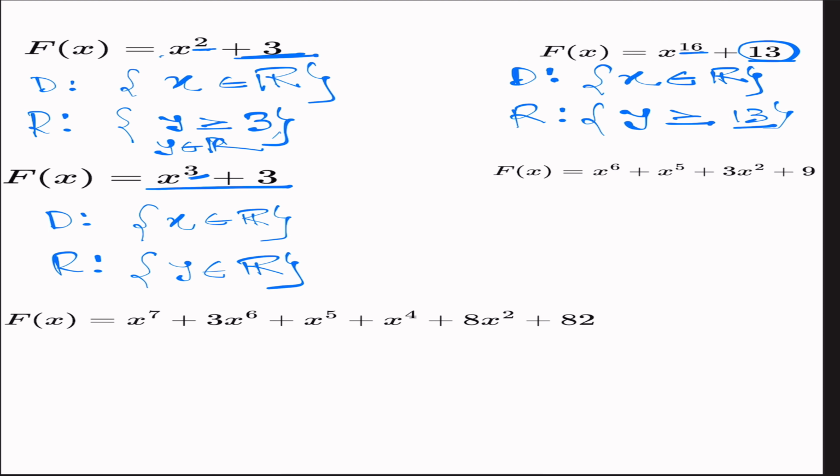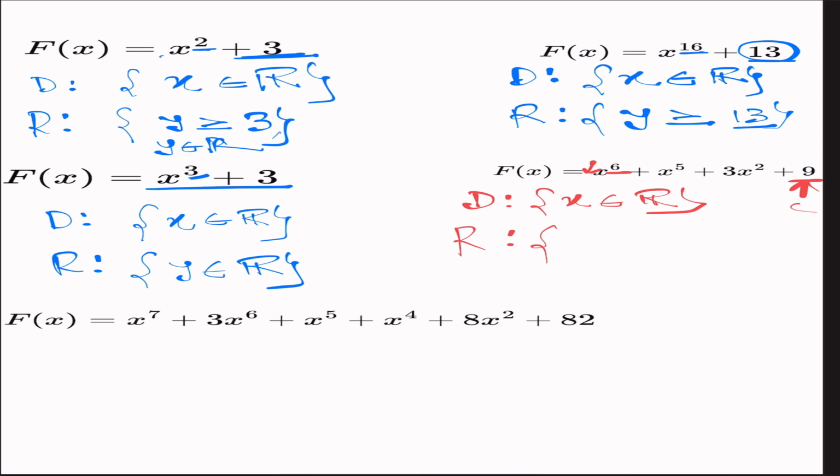Here we again have an even degree, and the constant is 9, so we don't care about anything else. The domain is simply x, all the real numbers. For the range, we look at the coefficient, which is 1 and positive, and the constant is 9.